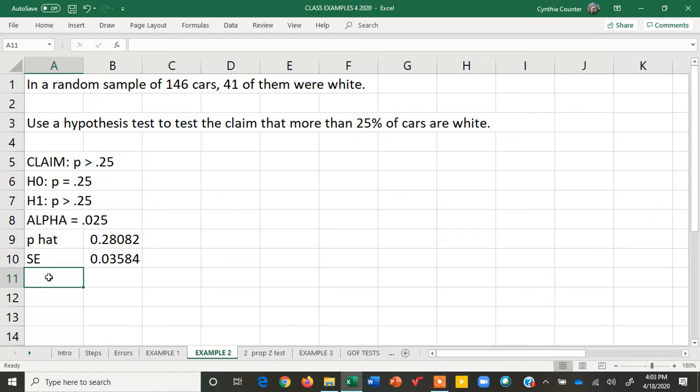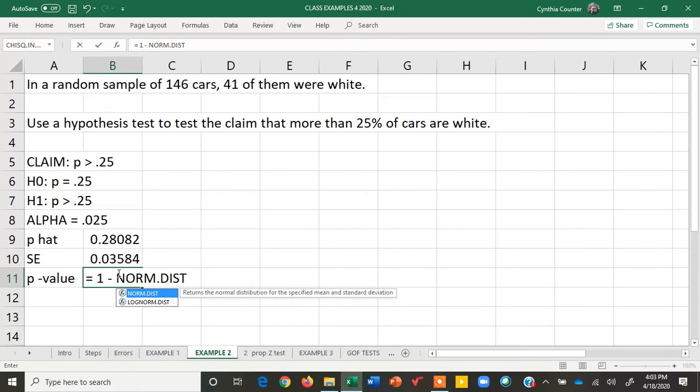Now, let's use this information to find the p-value. Since this is a right-tailed test, and we want to find the area in a right tail using the norm dist, we are going to have to work with the complement and compute 1 minus the norm dist. So whenever you do a right-tailed test, which follows from a claim that contains more than or greater than, the greater than symbol, you will have to compute your p-value with the 1 minus norm dist.